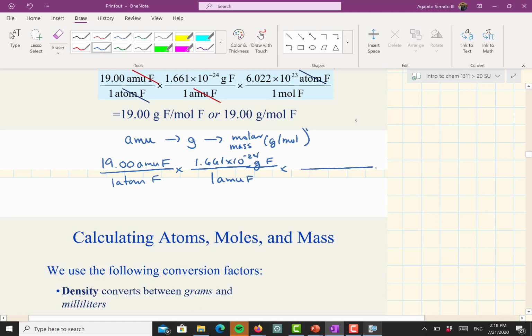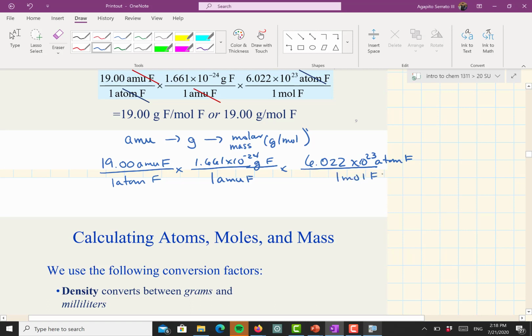And then finally we're going to do 6.022, so we're going into a new conversion factor, which is going to be Avogadro's number relationship to moles, for 1 mole of fluorine.